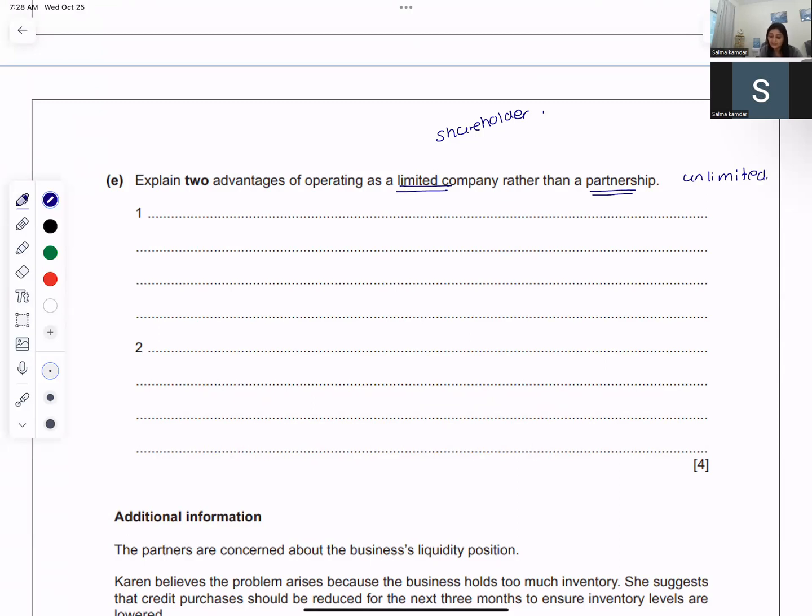So in a limited company the liability of the partner is limited, whereas in a partnership it is unlimited when you talk about dissolution.